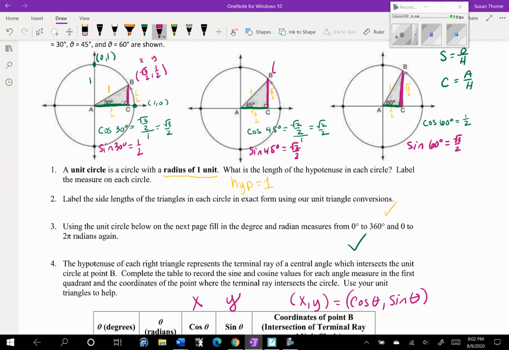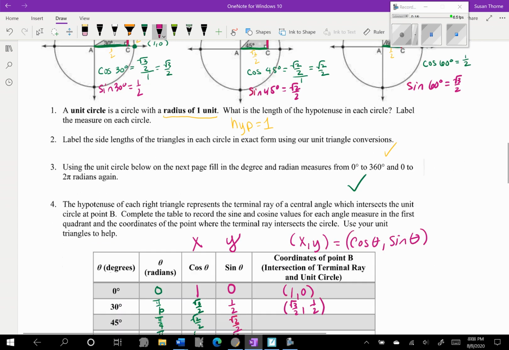Over here, x and y is root 2 over 2, root 2 over 2, so the cosine of 45 is root 2 over 2 and the sine is root 2 over 2. This one was 1/2 comma root 3 over 2, so the cosine of 60 is 1/2 and the sine of 60 is root 3 over 2.